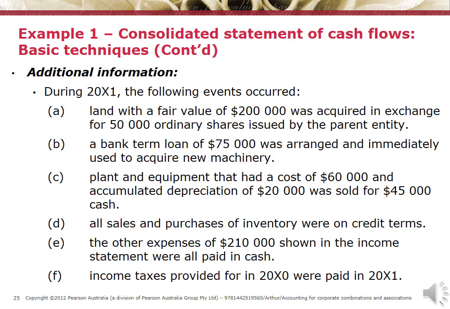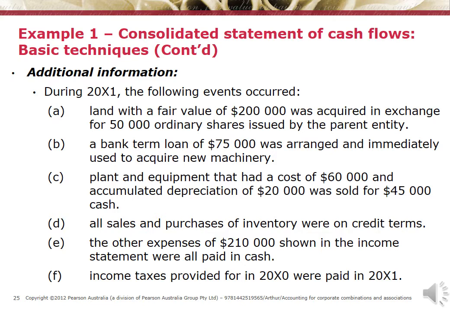The additional information says that during the 2011 financial year we had, firstly, land with a fair value of 200,000 acquired in exchange for 50,000 ordinary shares issued by the parent entity. That information just confirms what we saw within the consolidated statement of changes in equity in the previous slide, that we had shares issued to acquire land, 200,000.